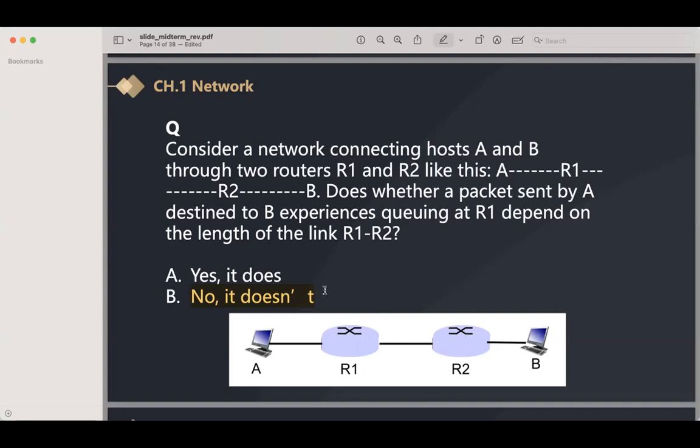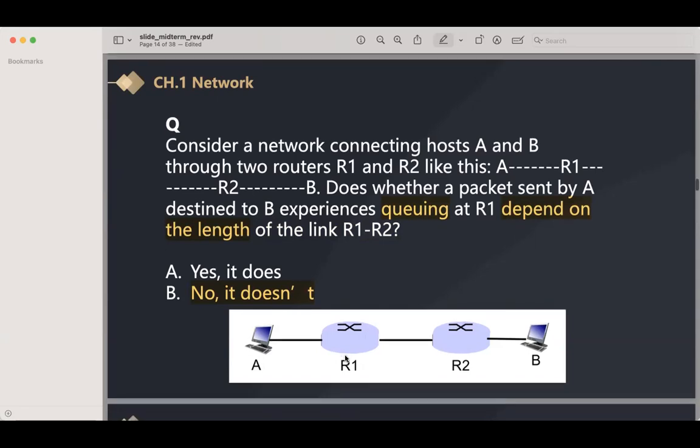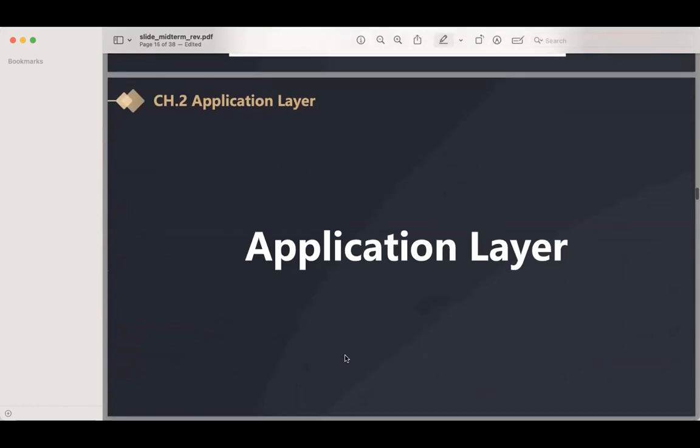So the answer is no. The physical length only affects the propagation delay. And the queuing delay will be affected by the traffic of the connection. Like if we have a lot of computers connected to router 1, then the queuing delay may increase.